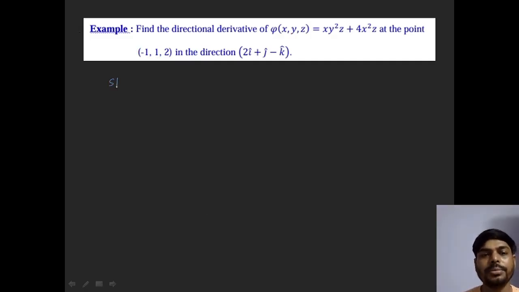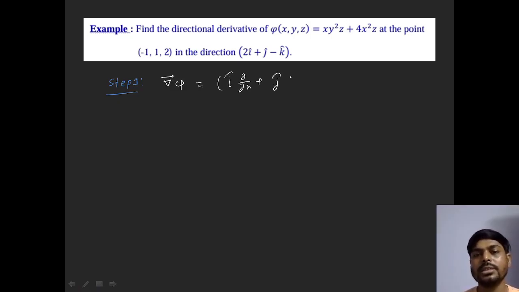So step 1, as we have written, just find out the gradient of phi. Gradient of phi is basically i cap del del x plus j cap del del y plus k cap del del z, and the given function phi is equal to x y square z plus 4 x square z.